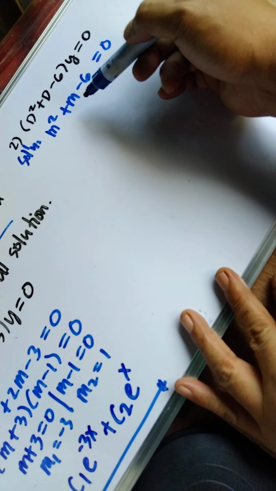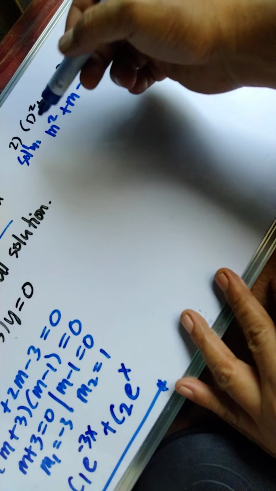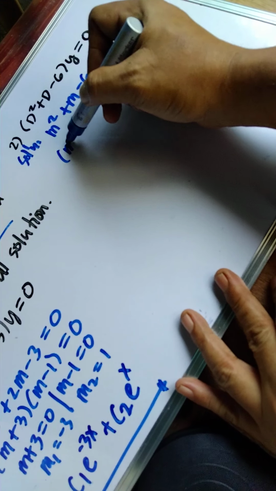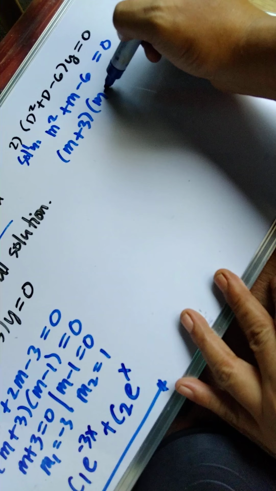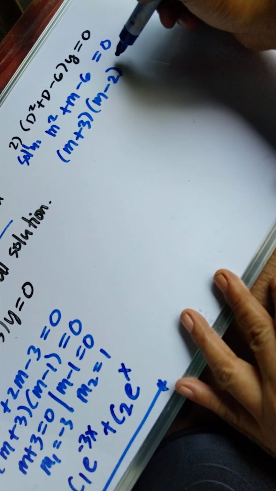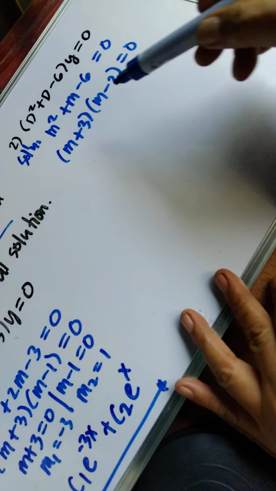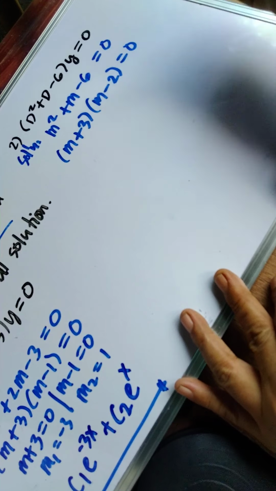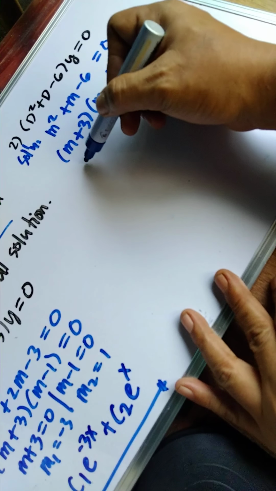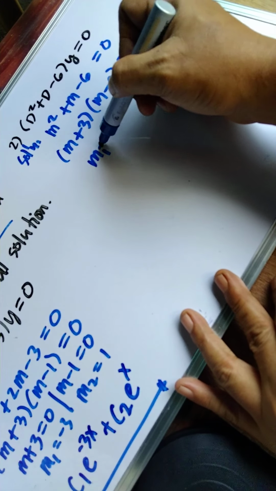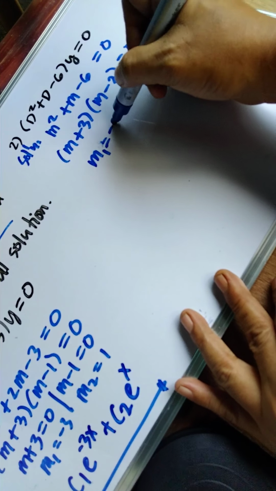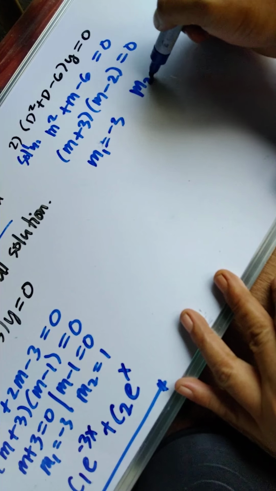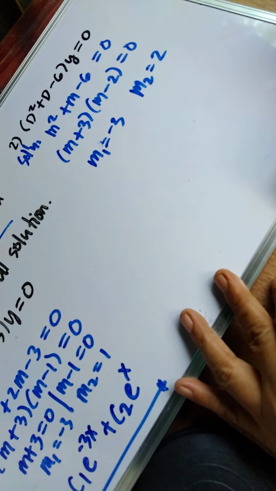Then we can factor the left side directly: m plus 3 times m minus 2 is equal to 0. These are the factors of the left side. So m sub 1 is equal to negative 3 and m sub 2 is equal to positive 2.